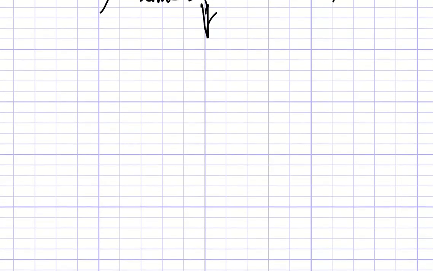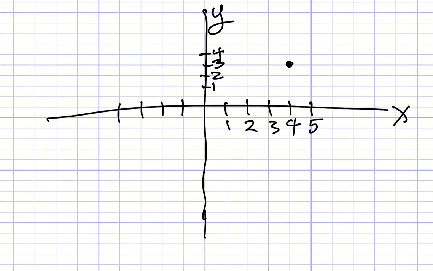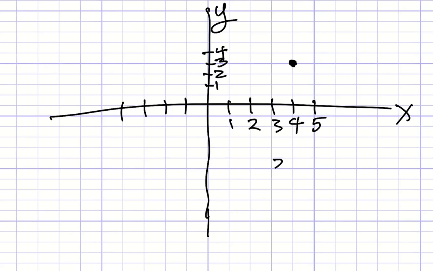Now, notice this in the XY plane. Every dot in the system represents an ordered pair. It's usually called an x, y ordered pair. This one will represent the number from the x-axis, and this one will represent the number from the y-axis.